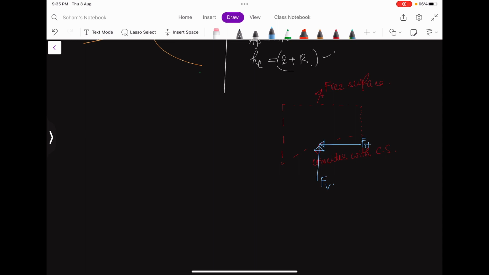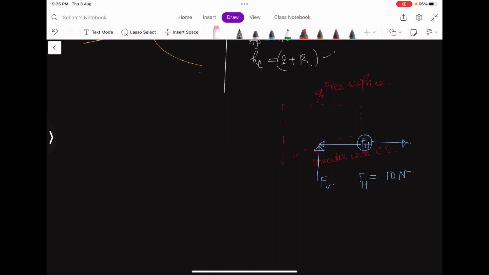So this choice of direction of FH and FV does not matter initially, because if you consider the FH to be in this direction, and you get the FH value as something negative, okay, minus 10 Newton, then you know that your actual FH direction is in the opposite.